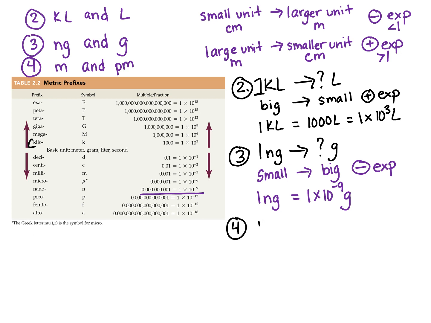If I have 1 meter, how many picometers do I have? I'm going to throw in, we're going to do 2 more examples. So there's 1.